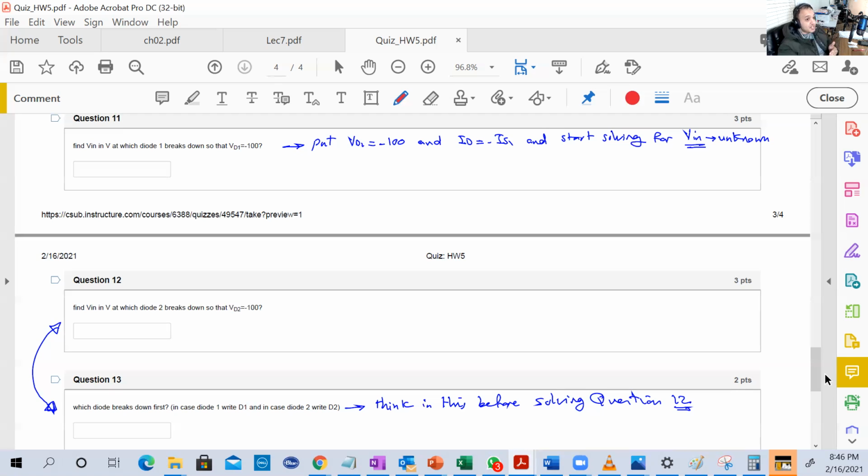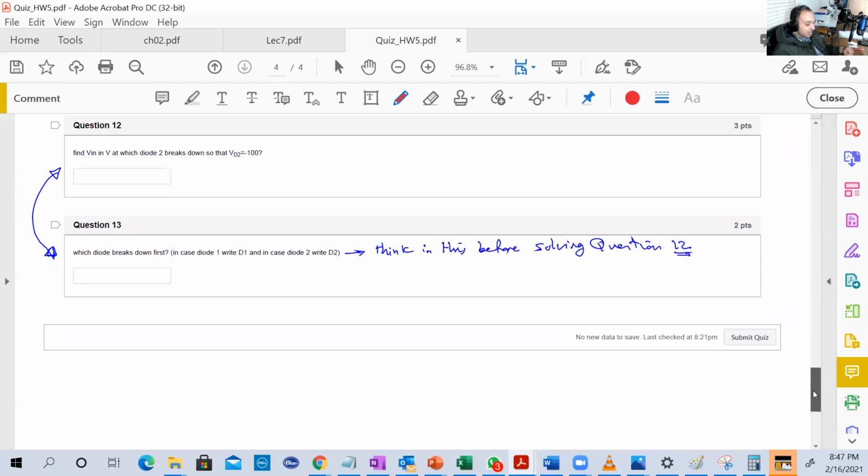Then, for the second one, to get its input voltage at which the diode will go into breakdown, okay, at that point, remember the first diode is in breakdown already. I will not explain more. So when you find the minimum input, the minimum voltage of the battery at which the second diode will go into breakdown, at that time the first diode is already in breakdown. Okay, I will not go further on that.